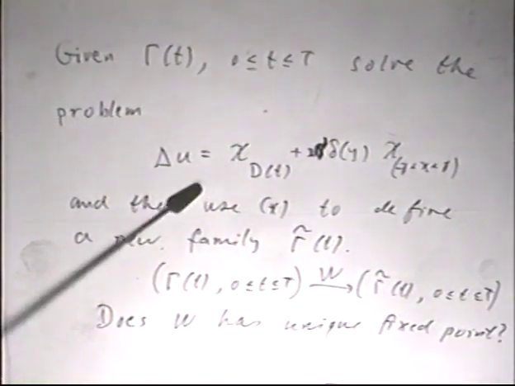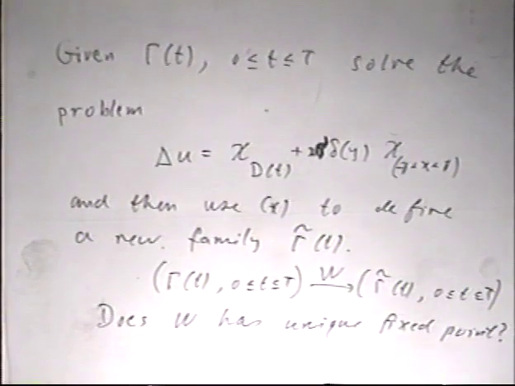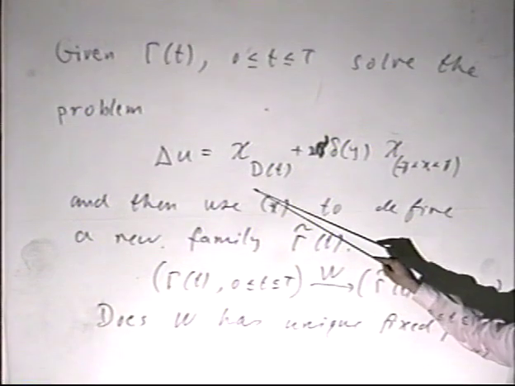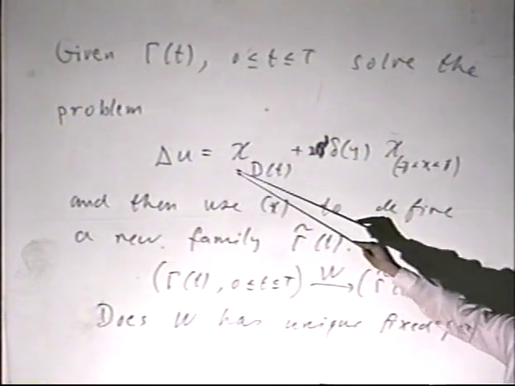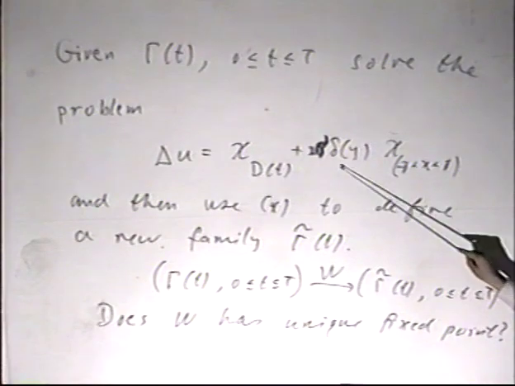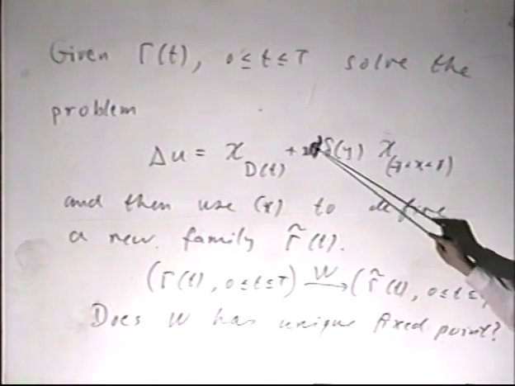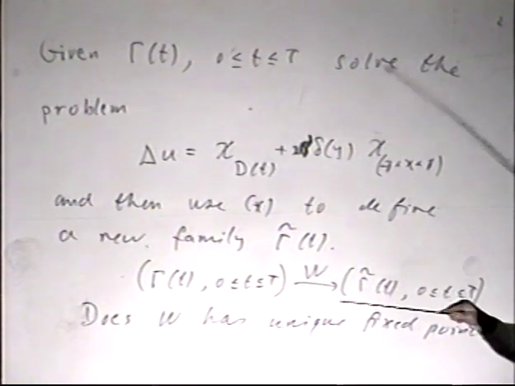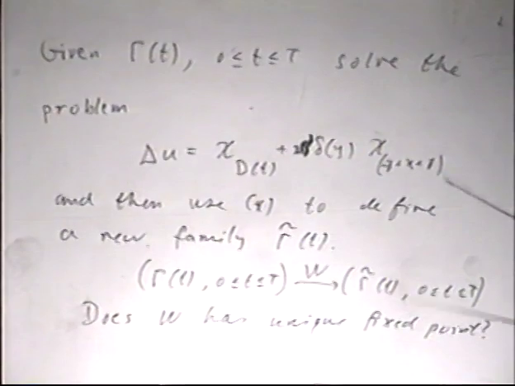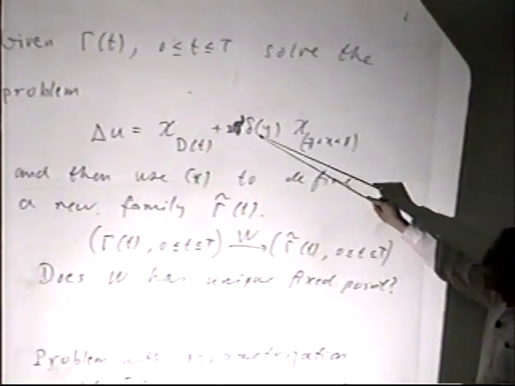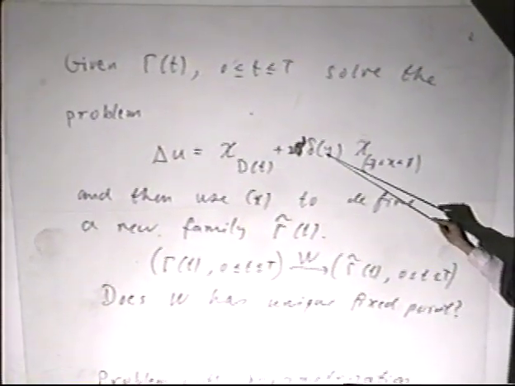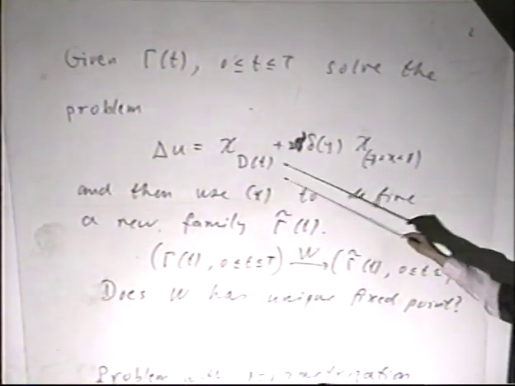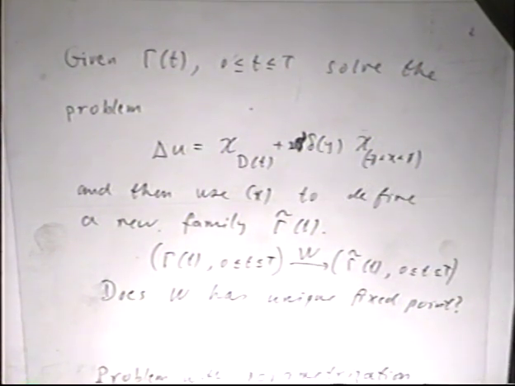I just try to impress you by writing this complicated thing. This means that the Laplacian of u is 1 in D of t, and 0 outside, because that's a characteristic function of the domain. This is sigma, by the way, and this is 2 sigma. It is 0 outside this line, which was the surface of the photoconductor. On the surface, the Laplacian is a Dirac measure.